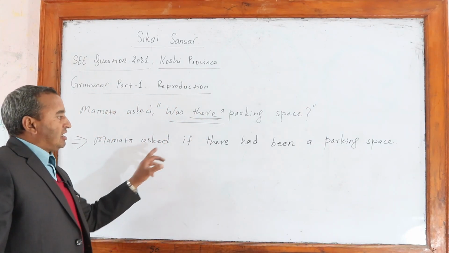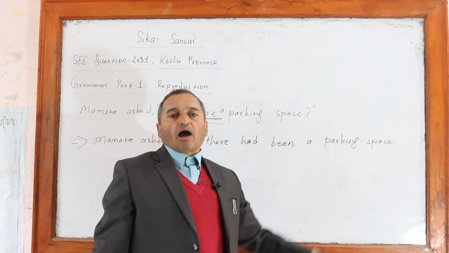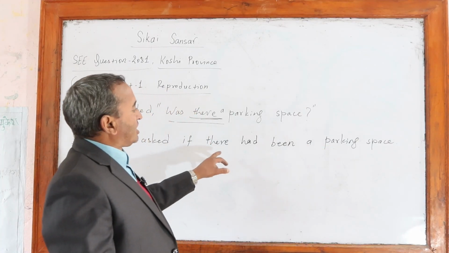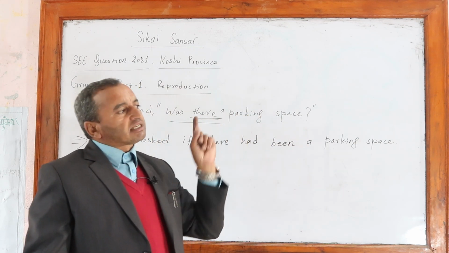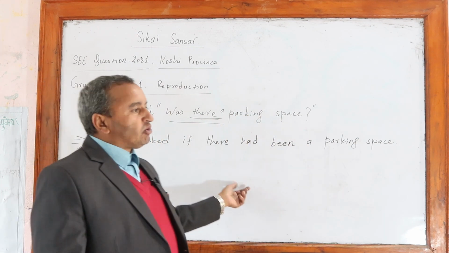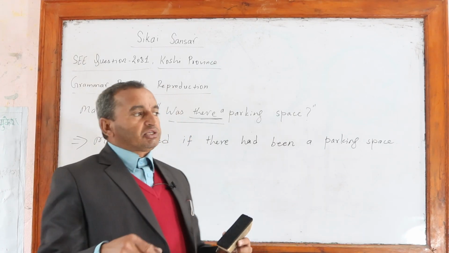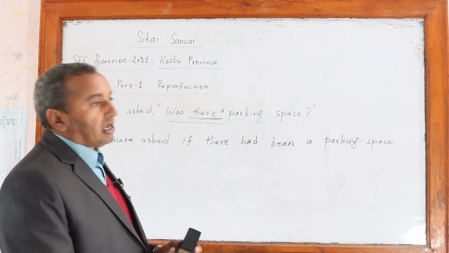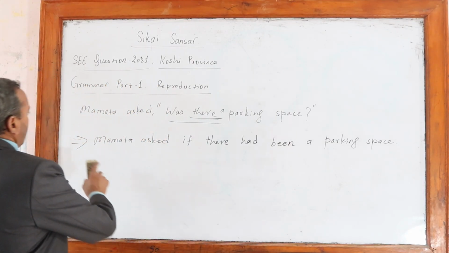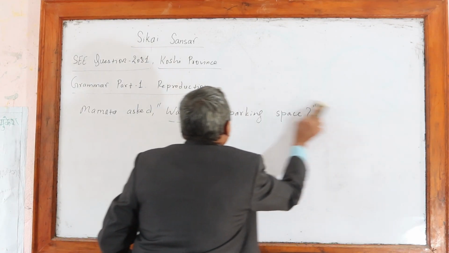Mamata asked if there had been a parking space. Now it is changed into indirect speech. Let's do another simple example of how tenses are changed in direct and indirect speech, and then we'll conclude. Let's look at another example.